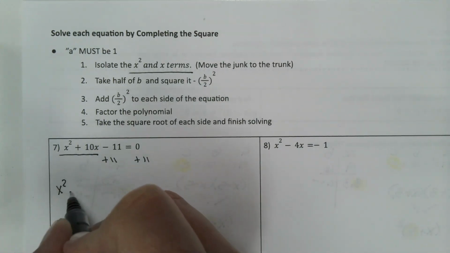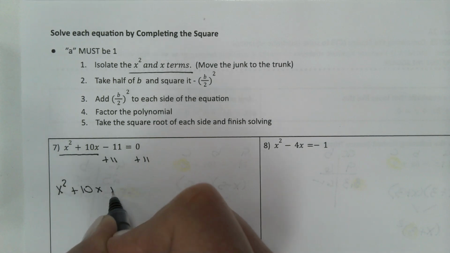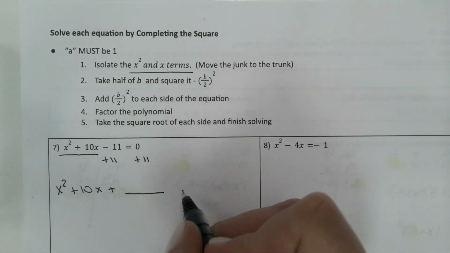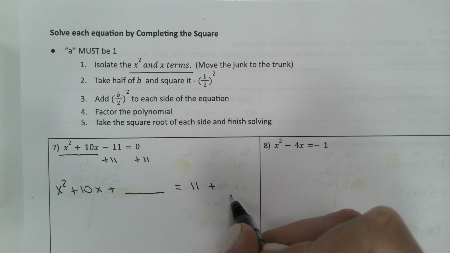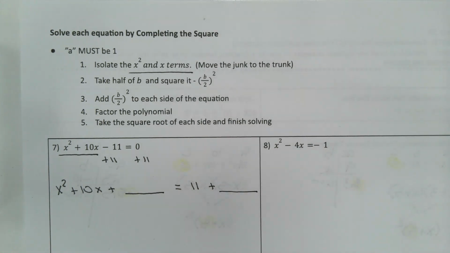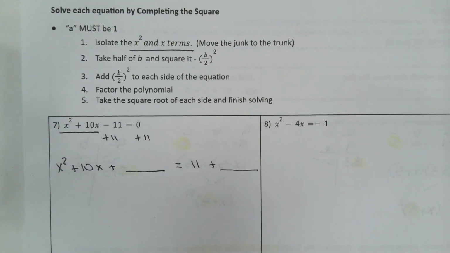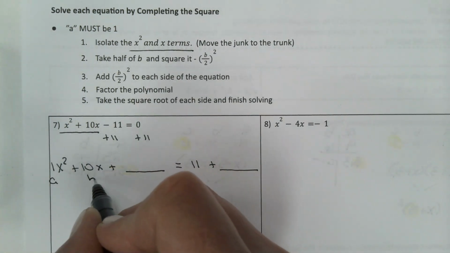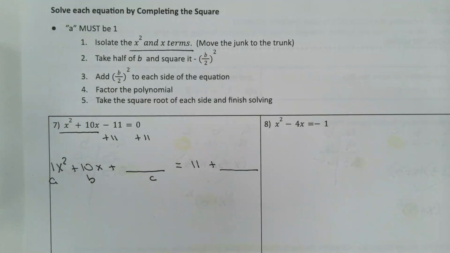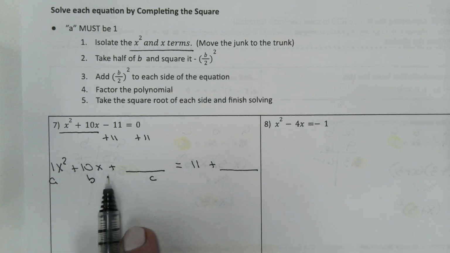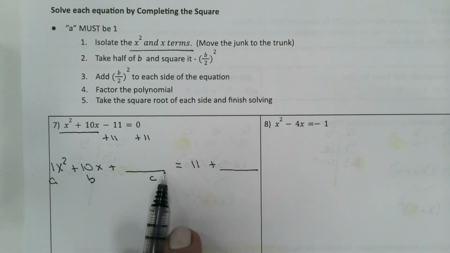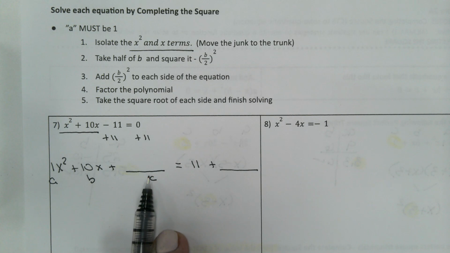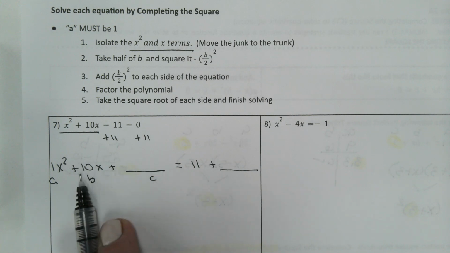So I'm going to write this as x squared plus 10x plus blank equals 11 plus blank. So once again, there's my a term, there's my b term, there's my c term. When I move the constant to the other side, I'm doing just like I did before. I'm figuring out what is the value that will complete this square.